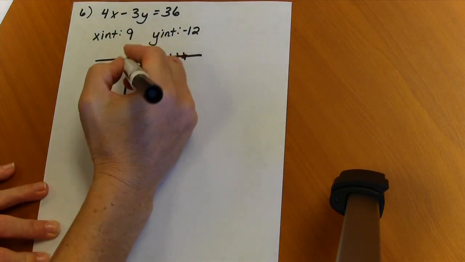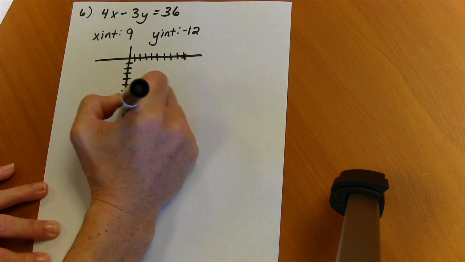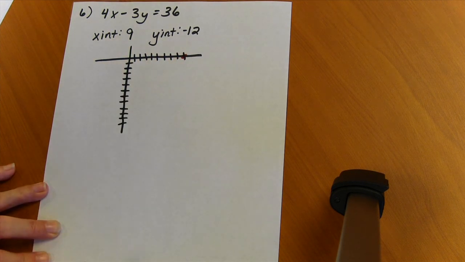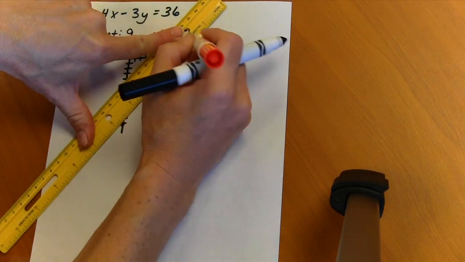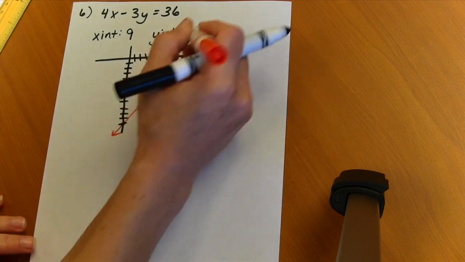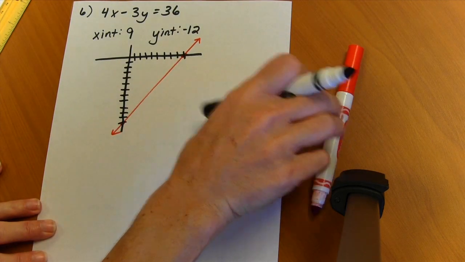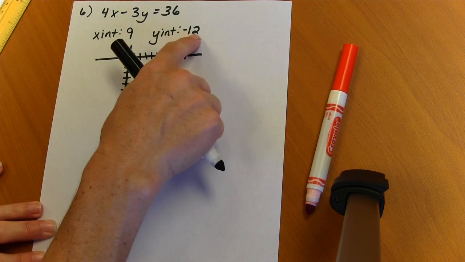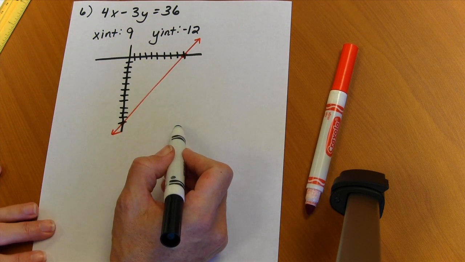On the y-axis, at negative 12. And again, draw the line. Please be careful. This x and y intercept, those are 2 points. It's not a coordinate 9, negative 12. 9, negative 12 is down here, and obviously it is not on the line.